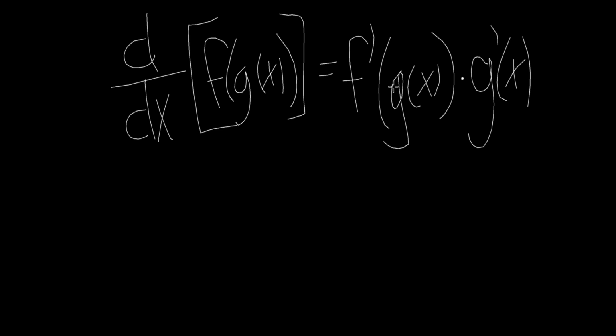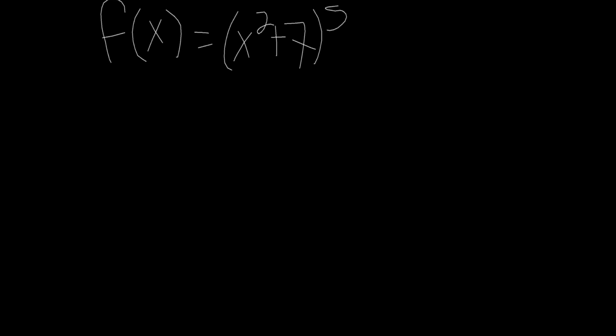So knowing the format of chain rule, let's put this into practice. In this function, we can see that this inner is being raised to the power of 5. So therefore, this is being inputted into this. So we know that our outer function, we can label this as f of x, is equal to x to the power of 5.